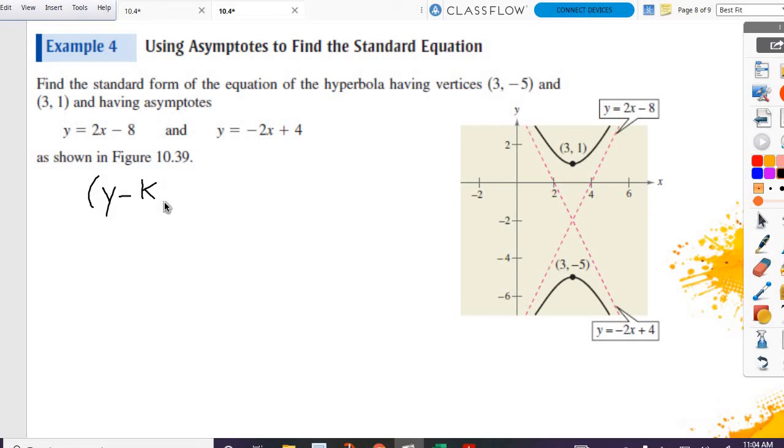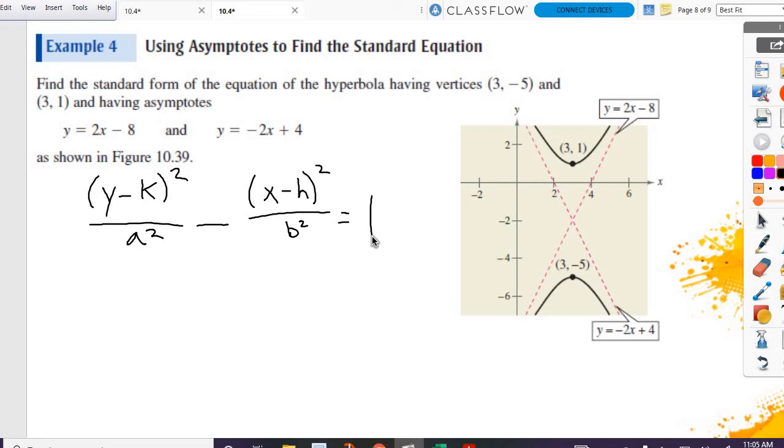So we have y minus k squared divided by a squared minus x minus h squared divided by b squared. Again, what are the values that we need to find to plug in? A, B, H, and K. So 4 numbers. What ones might be easiest to find first?